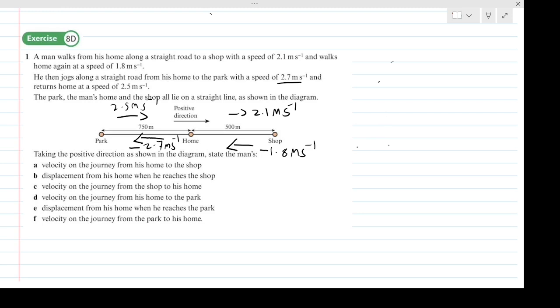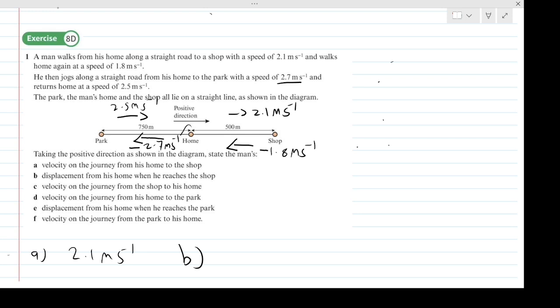Then it says, taking the positive direction, state the man's velocity on the journey from his home to the shop, which is going to be this velocity here. That's going to be 2.1 meters per second. Part B, the displacement from his home when he reaches the shop.